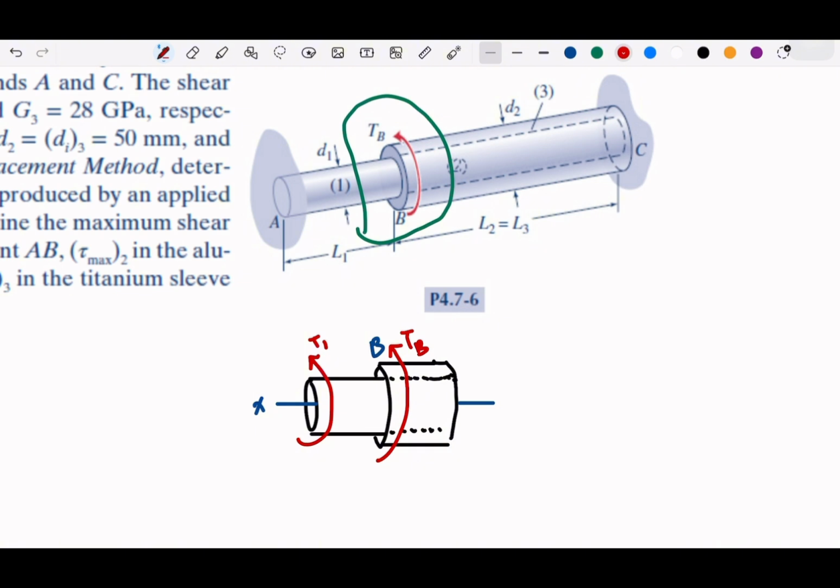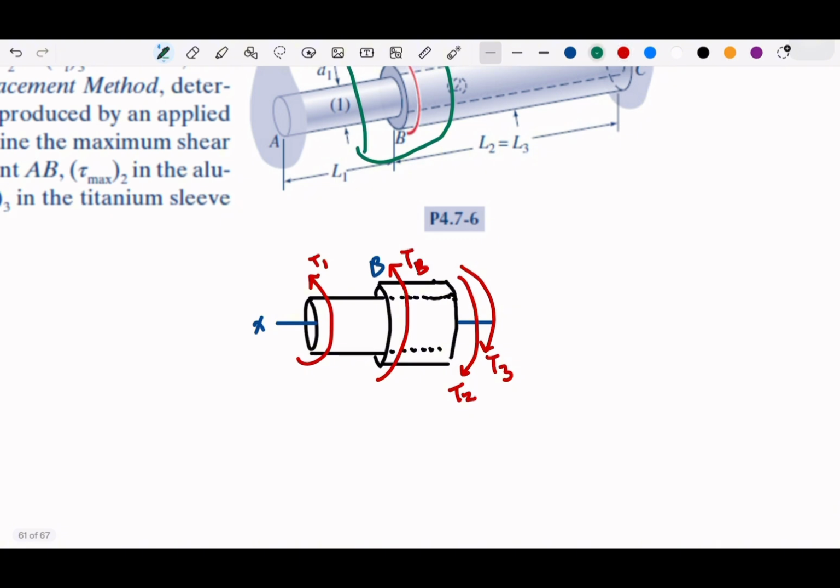And then T2 and T3 are both on the same section. So I will draw T2 perhaps, and then the other one is T3. On the same section, because they are basically the outer and inner layer of the shaft.